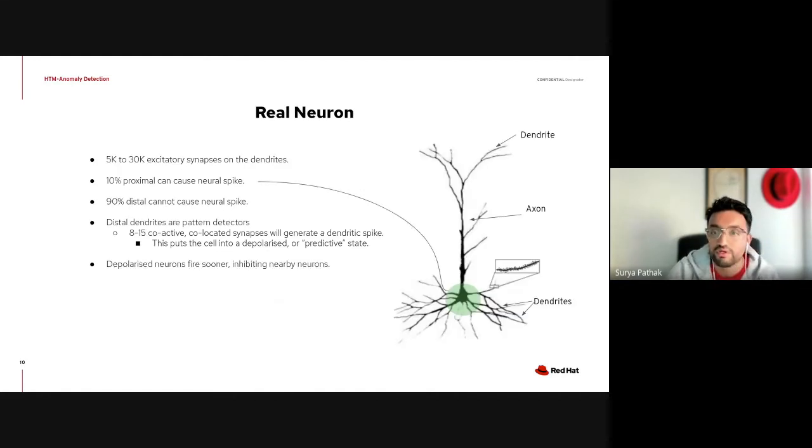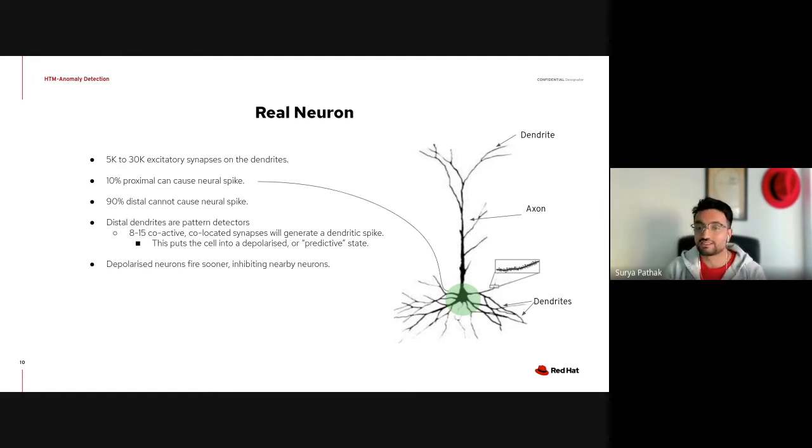Let's move forward. So what is the structure of the real neuron? The structure on the right hand side depicts the real neuron. It has dendrites, it has an axon, and it has proximal dendrites at the center. Now, synapses are at the intersections. There are 5K to 30K excitatory synapses in the dendrites.